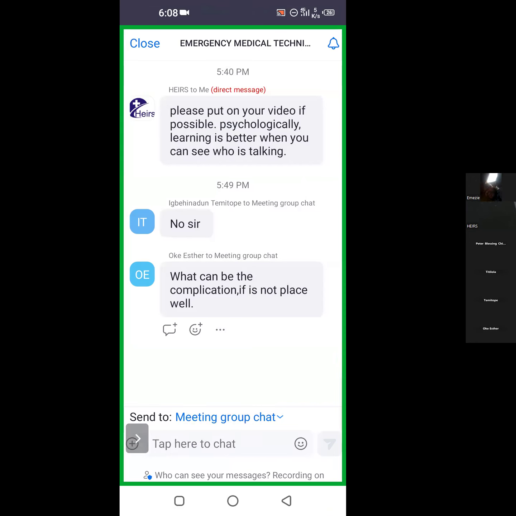Okay, so what are the complications if it is not placed well?